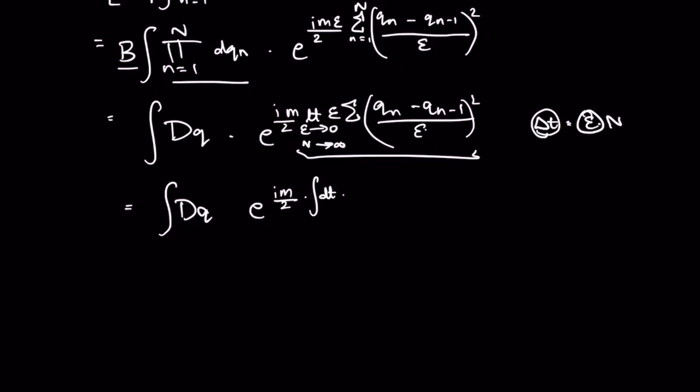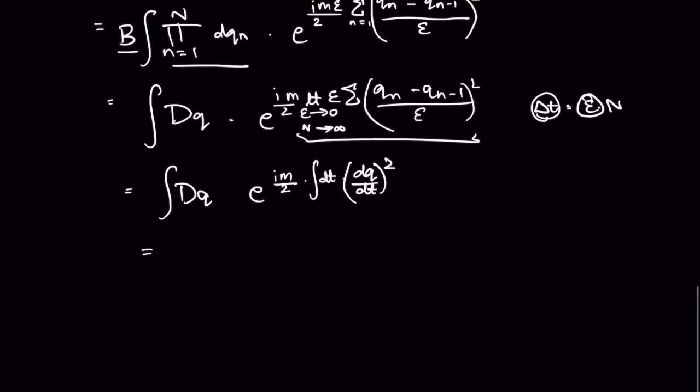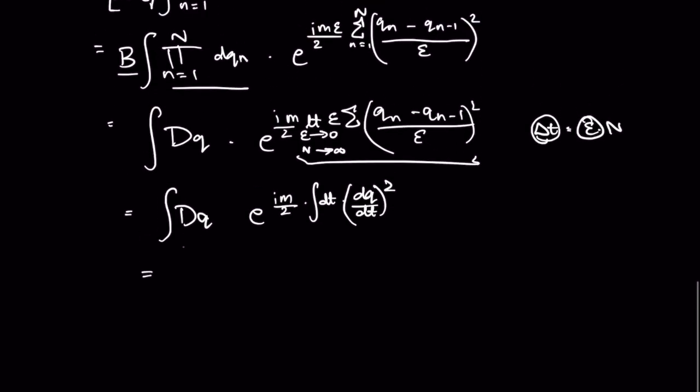And the little (q_n minus q_{n-1}) is basically the definition of a derivative as epsilon tends to 0. So we can say (dq by dt) whole square. So finally we can say Dq e to the i m over 2 integral dt q dot squared.